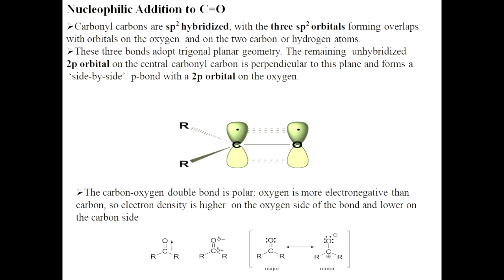That's why the carbonyl carbon oxygen double bond is a polar bond, which has partial negative charge at oxygen and partial positive charge at carbon. That's why a nucleophile will attack and the nucleophilic addition reaction will go very easily.